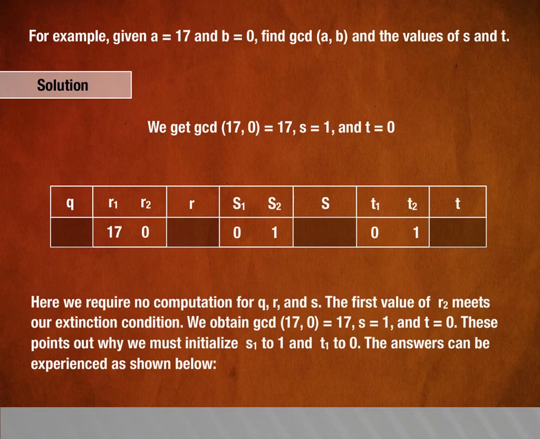The first value of r2 meets our stopping condition. This points out why we must initialize s1 to 1 and t1 to 0. The answer can be verified as shown below: 1 times 17 plus 0 times 0 is equal to 17.